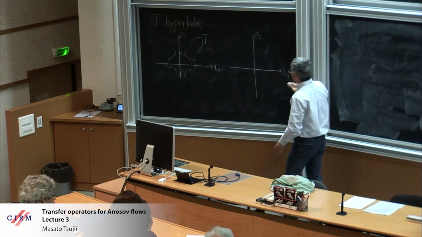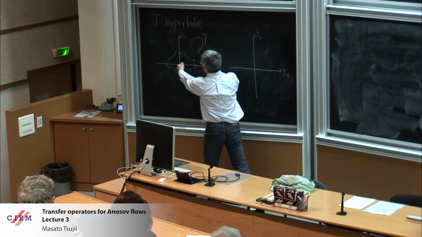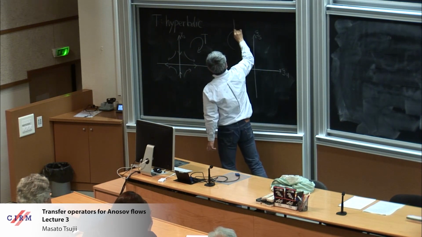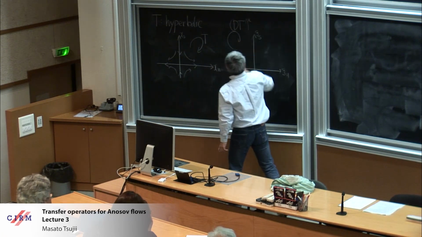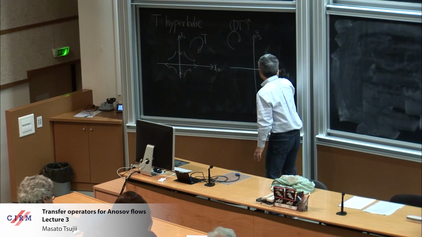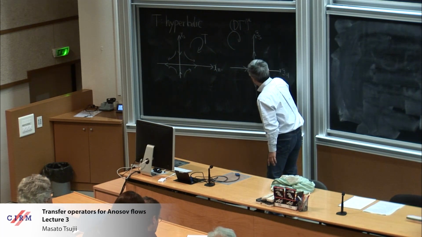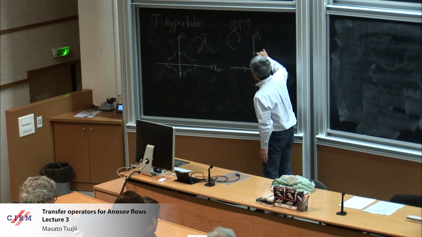Now things go in a different direction, with some expansion in this direction. The action of dt minus 1 star looks like contraction in this direction and expansion in this vertical direction. This is the action on the cotangent space.